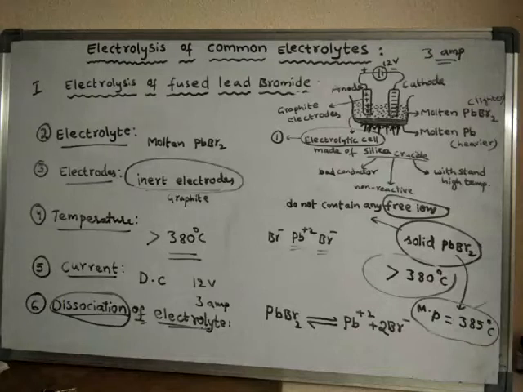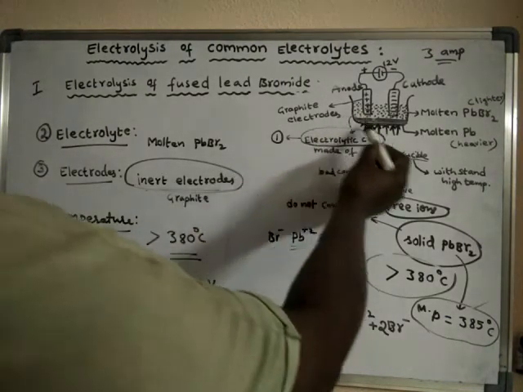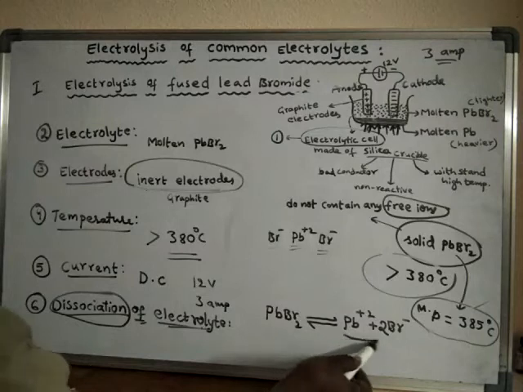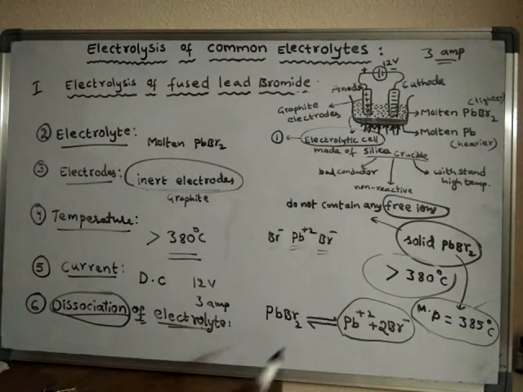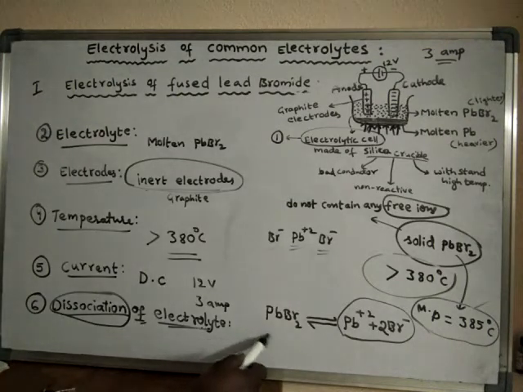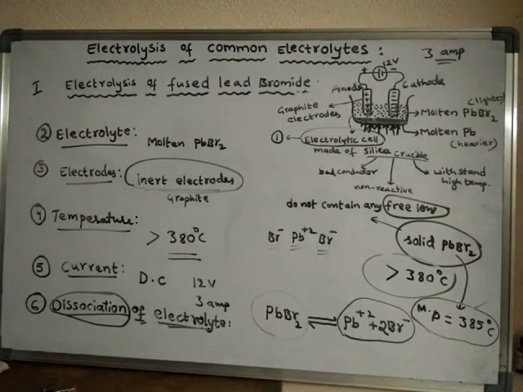Now the electrolyte has these two types of ions: lead ions, Pb2+, and Br- ions, present inside the electrolyte due to the dissociation, or breakdown, of the electrolyte.